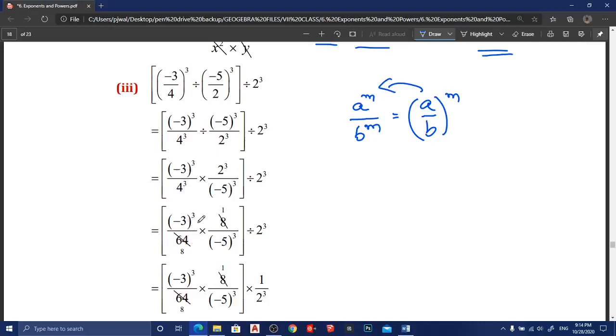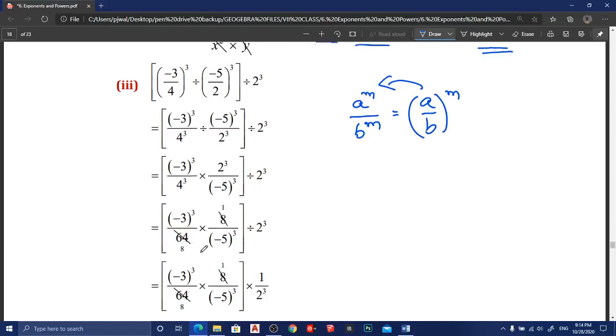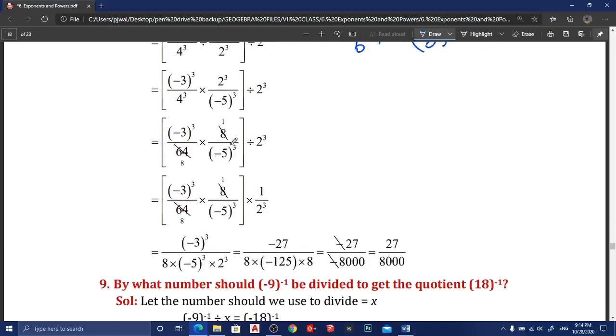This 2 cube you can write as 8, 2 into 2 into 2 is 8, by minus 5 whole cube divided by 2 cube. So why am I writing these two? To cancel this. 8 8s are 64. I cancel here.